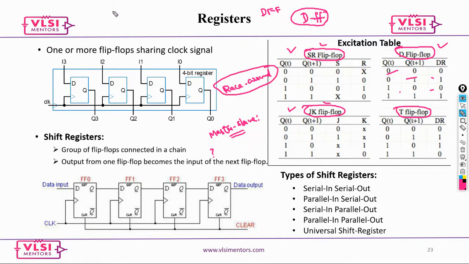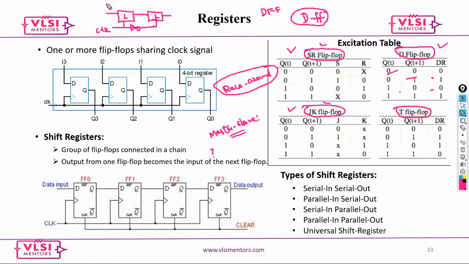To avoid that, what we are doing is, say for example, you have the first latch, and then say this is your clock, and this is your latch, and this is your latch.